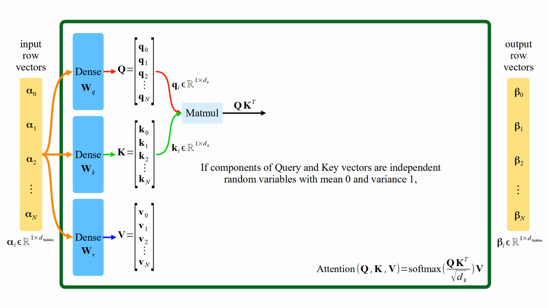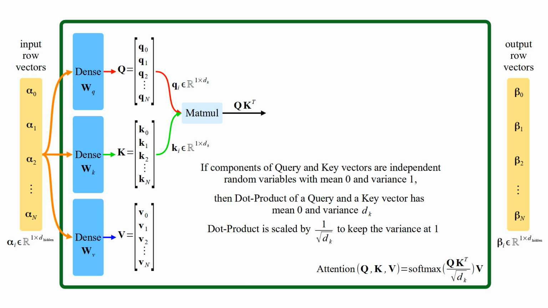If components of query and key vectors are independent random variables with mean 0 and variance 1, then dot product of a query and a key vector has mean 0 and variance dk. Dot product is scaled by 1 over square root dk to keep the variance at 1.